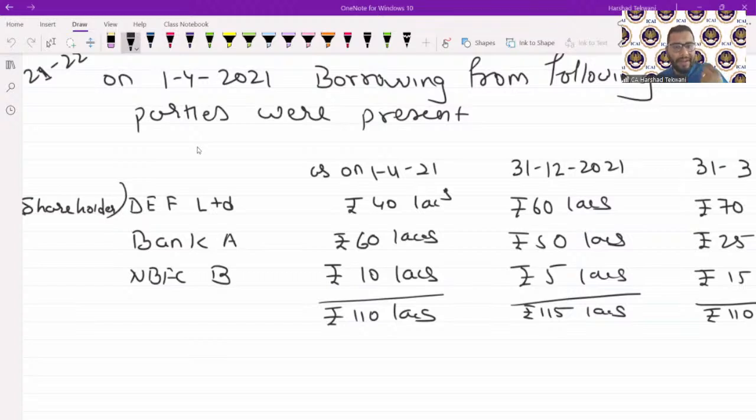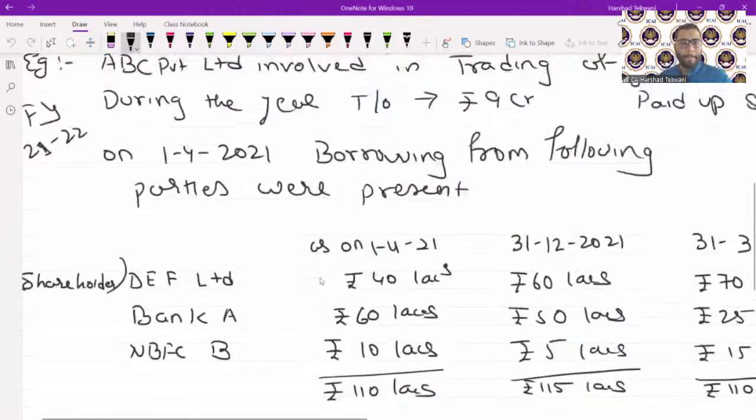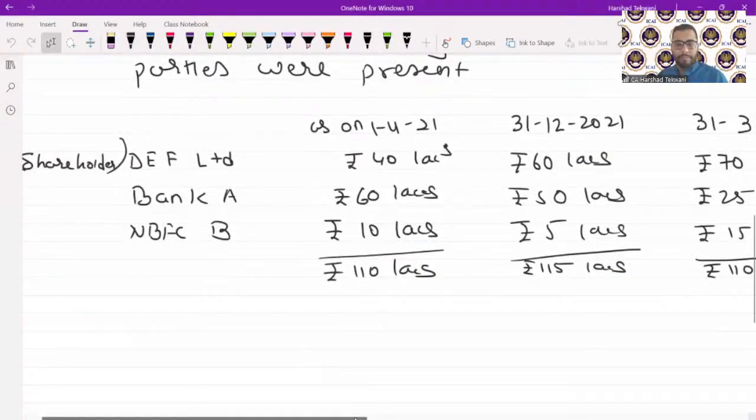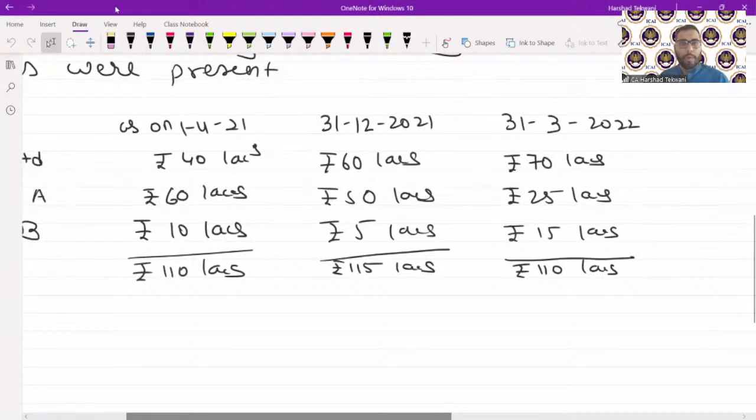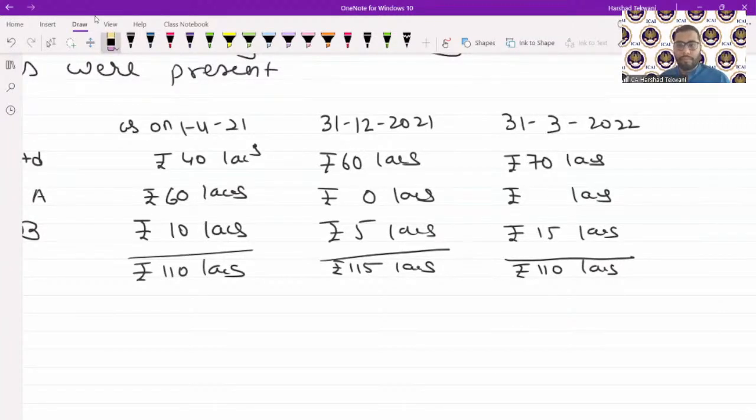Now, if I change a bit, let's see whether it will be applicable or not. Okay. Let's say this is 70. During the year it went to 80 and this went to 10.